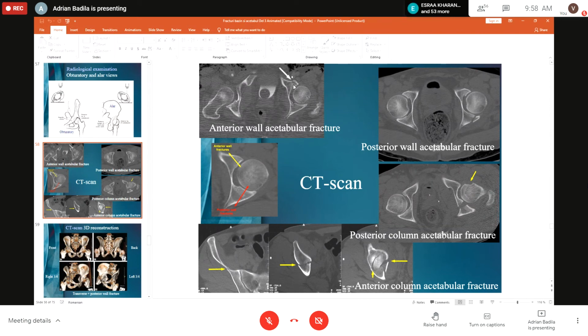Shorter fracture line and smaller fragments. Here we have a fracture of the posterior wall, short fracture, small fragments, while in this fracture of the posterior column, we can see longer fracture lines and bigger fragments.